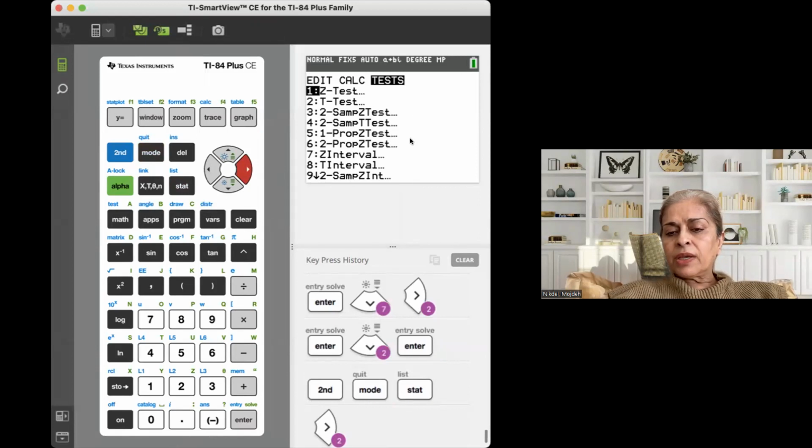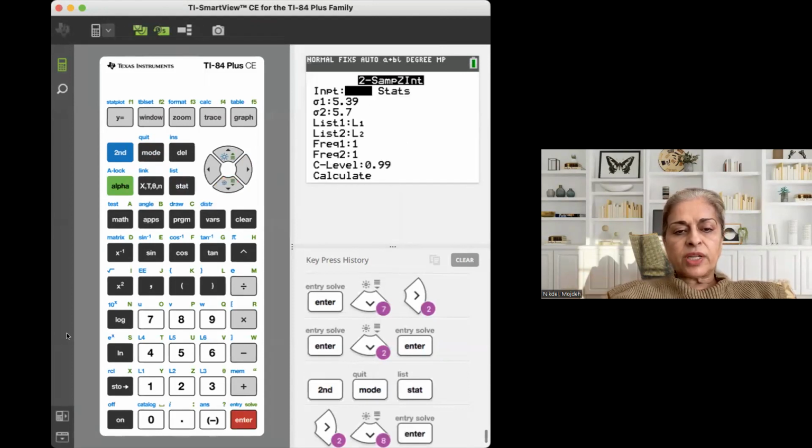At the beginning, you have all the tests: Z test, T test, two sample Z test, two sample T test, one proportion Z test, two proportion Z test. Then 7 and on start with intervals. So you're going to pick two sample Z int interval, number 9.